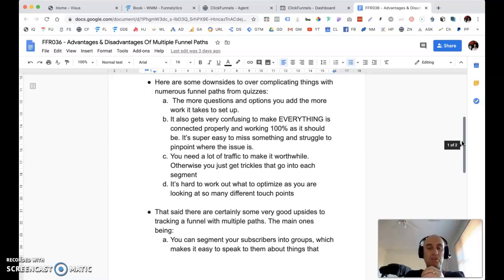So that's another important thing to keep in mind as well. And then the fourth point, which is probably the most important point here, is that it's very difficult to work out what to actually optimize because you're looking at so many different touch points. So say, for example, if you've got 4 pages and each page has four different options to answer the question, then the amount of combinations of answers multiplies as you go from each page.